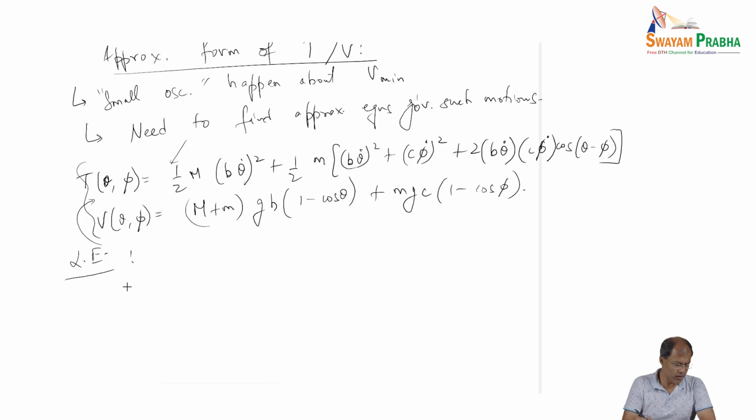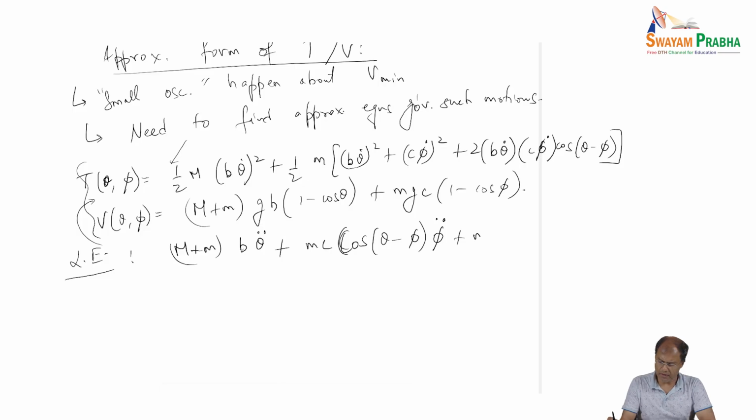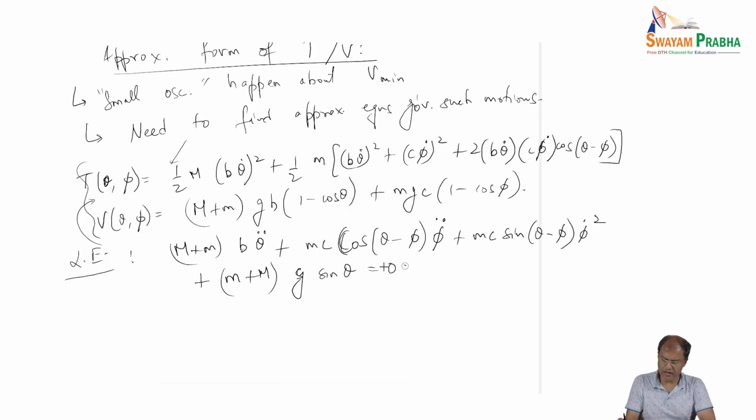The first equation is M plus m times B theta double dot plus m C times cos of theta minus phi times phi double dot plus m C sin of theta minus phi times phi dot square plus M plus m G sin theta is equal to 0.